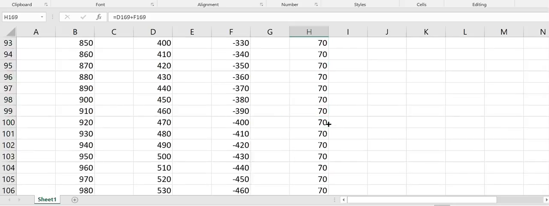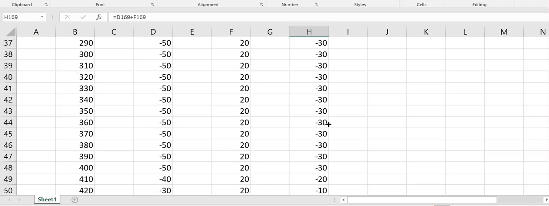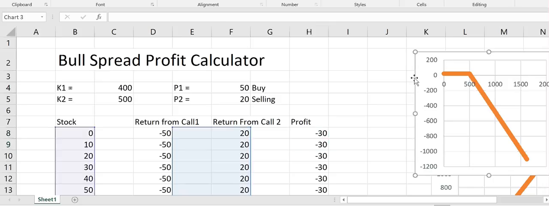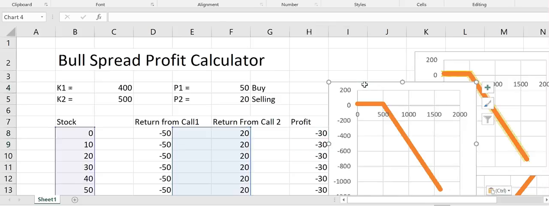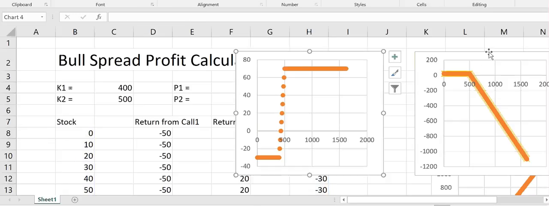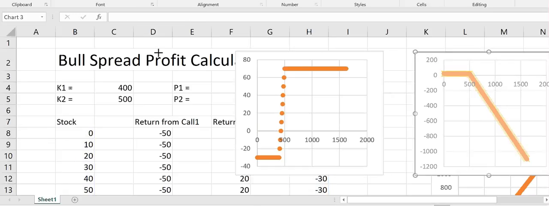So now you can see that if I have a bull spread, I'll copy it in and take this chart here. Now this is the profit from the bull spread. Let me zoom out a little bit.